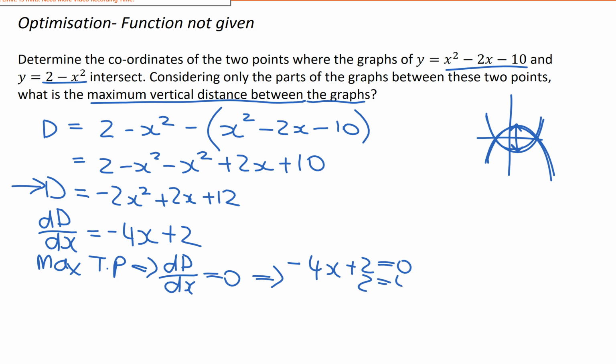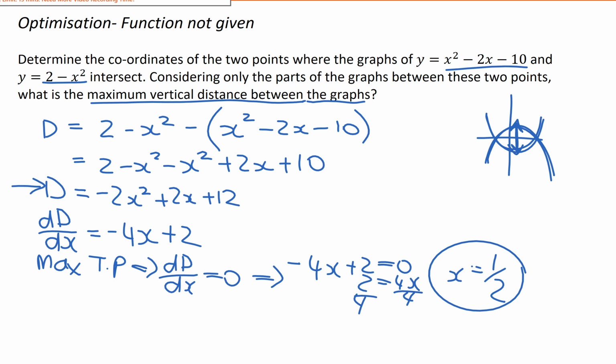So 4x equals 2, divide by 4, and you get x equals 1/2. So it's at x equals 1/2. This is where x equals 1/2. Right there, this is its maximum.